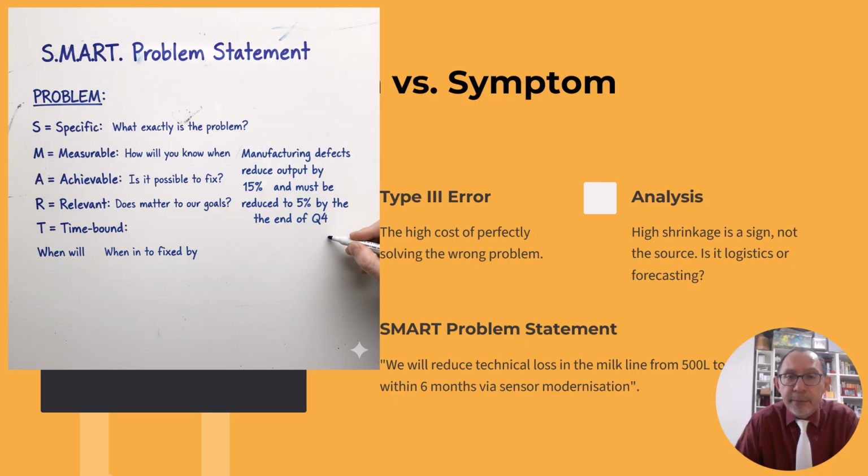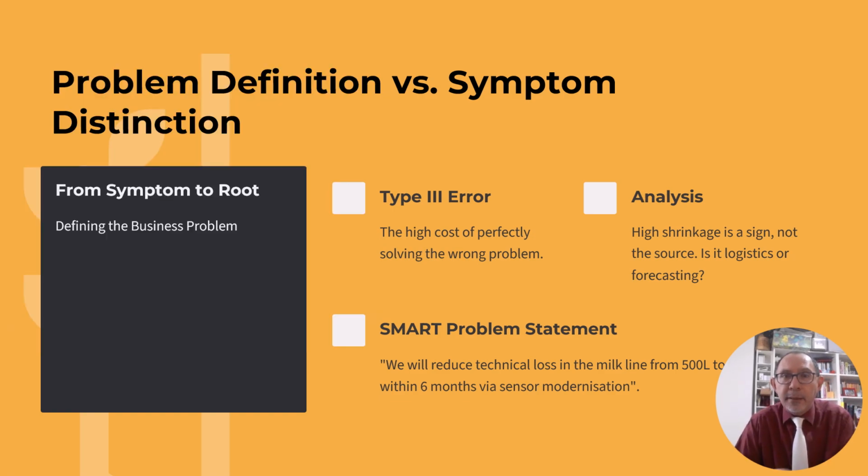In problem management, SMART statements prevent confusing symptoms with actual problems, type 3 error, ensuring resources are directed effectively. For example, instead of simply reducing waste, it offers a concrete roadmap like reducing technical loss in the milk line by 20% within 6 months.